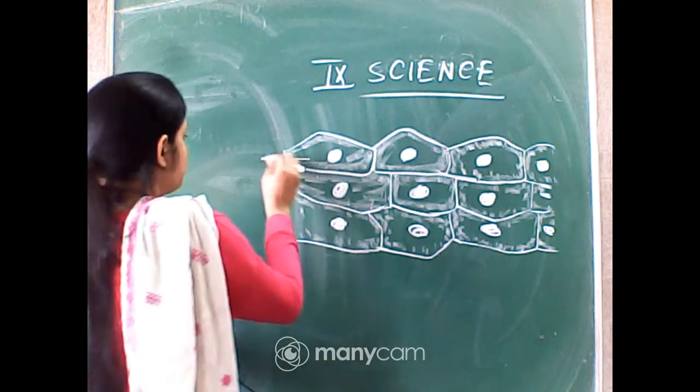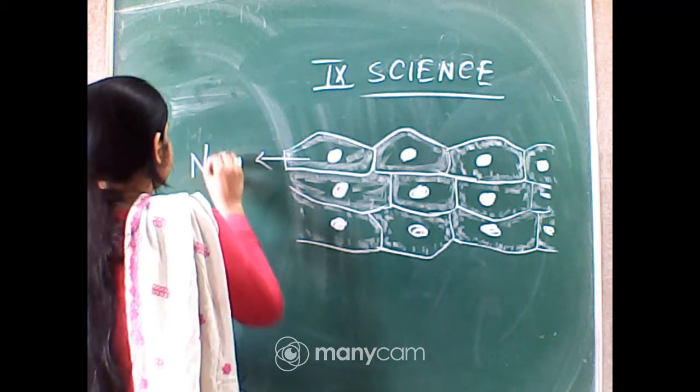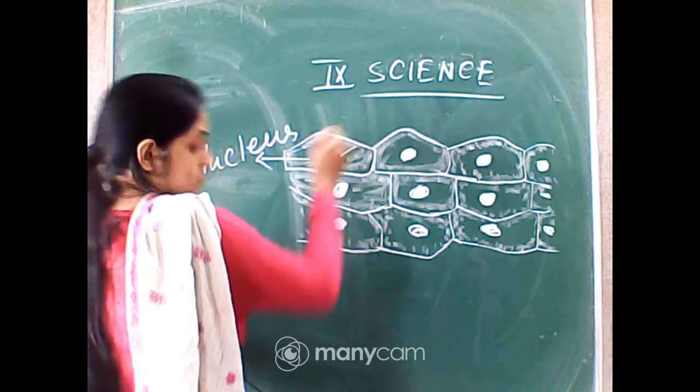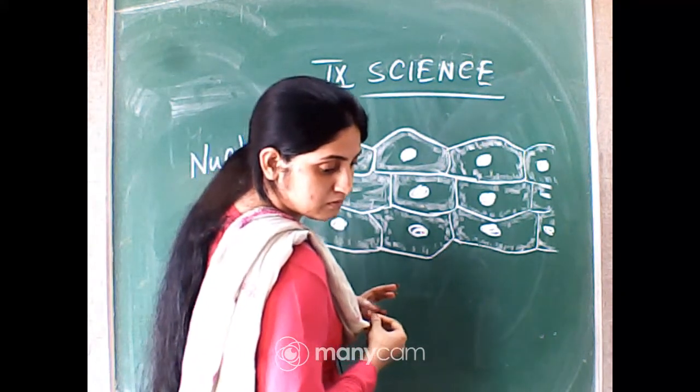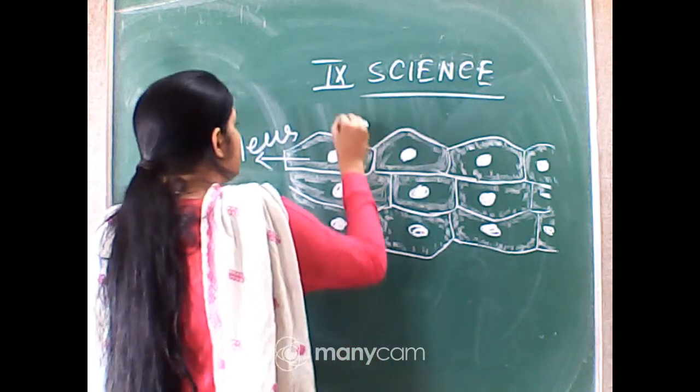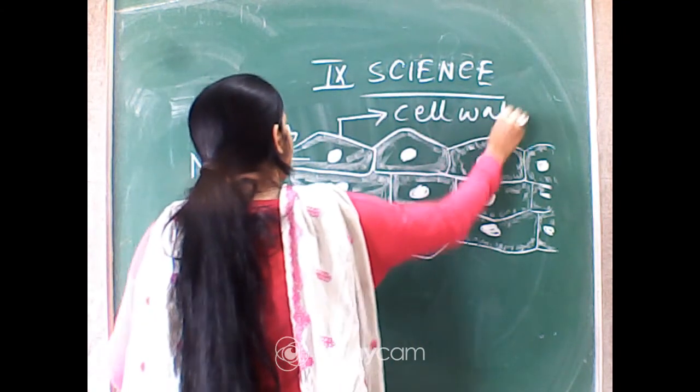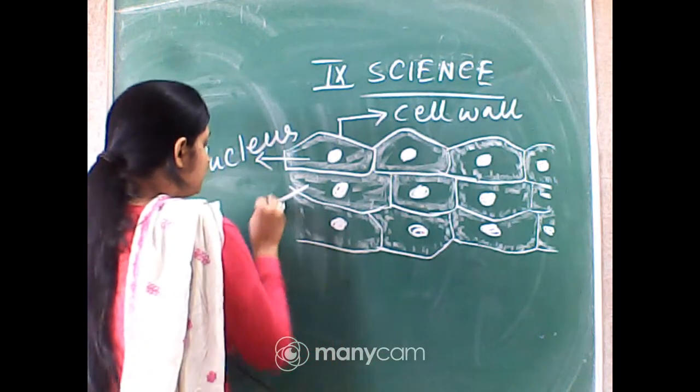This one is the nucleus, the cell wall, or you can say cell membrane also, and cytoplasm.